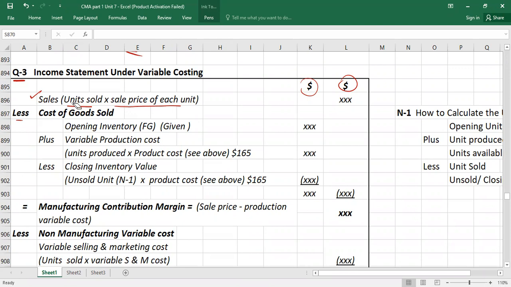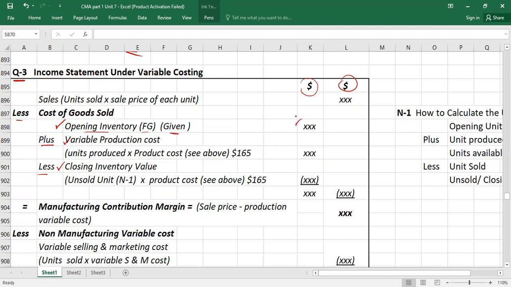And cost of goods sold, we know, guys, is always equal to opening inventory. We are assuming we have finished goods, okay? We will plus the production cost, and then we will deduct the value of ending inventory or closing inventory. This is how we get the cost of goods sold: opening inventory plus production minus ending inventory. So assume your opening inventory is given, you will write it here.